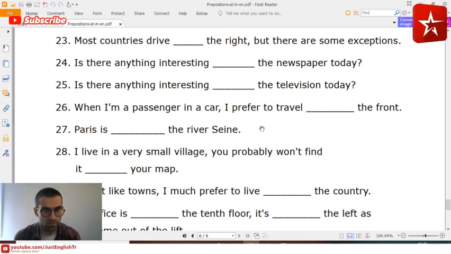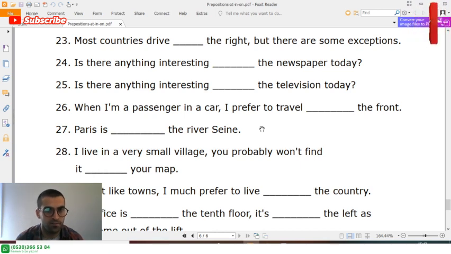İçinde mi olabilir? Yanında olabilir? Veya üzerinde olabilir. Hangisi olacak? Yanında olabilir. Üzerinde olursa on. By olabilir. Yes. Or at olabilir. Yes. We can use at or by. Burada by olmadığı için at kullanıyoruz. At the river Seine. Yes.